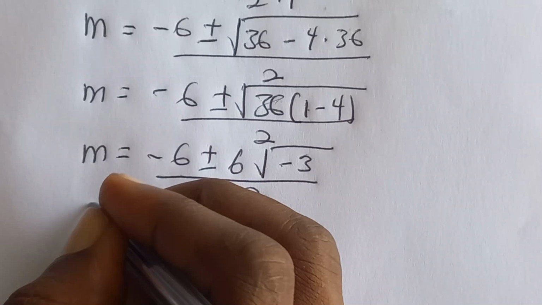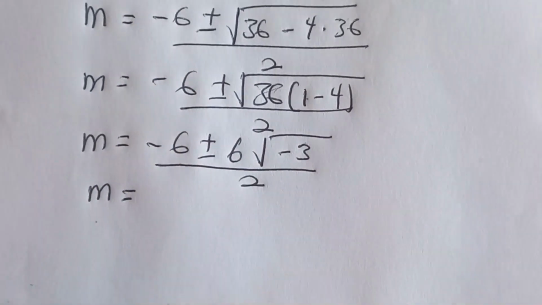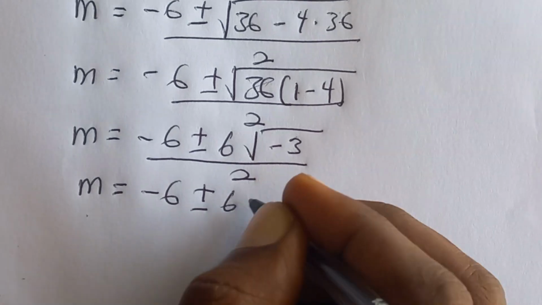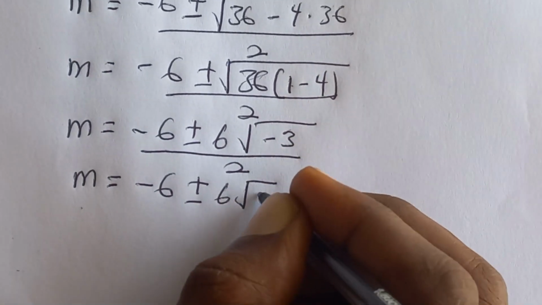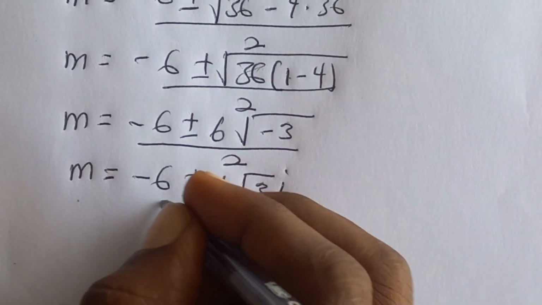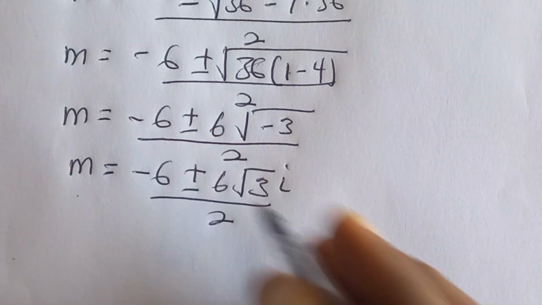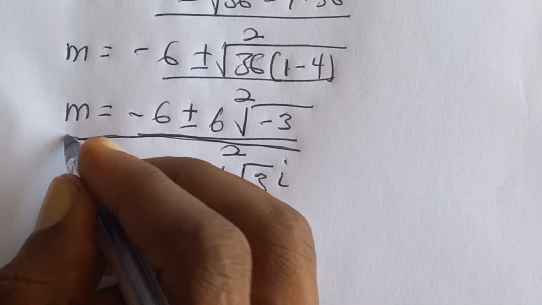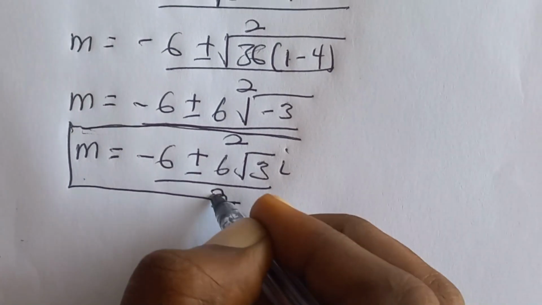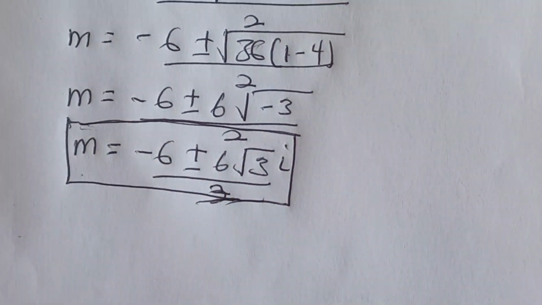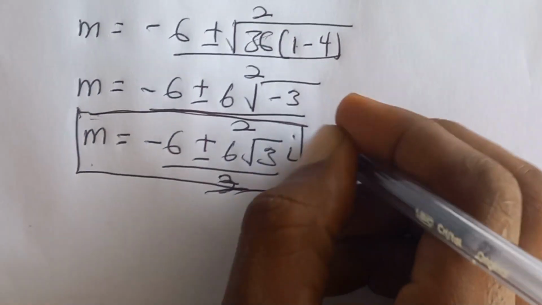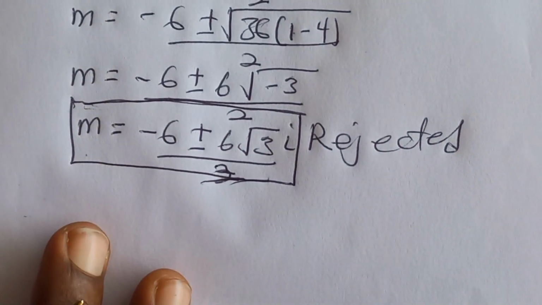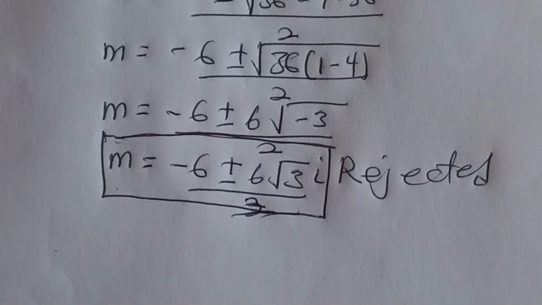So with this, we can see that m is equal to negative 6 plus or minus 6 square root of 3i over 2. So this is a complex solution for case 1, so we will reject the solution here. Now let's solve case 2.